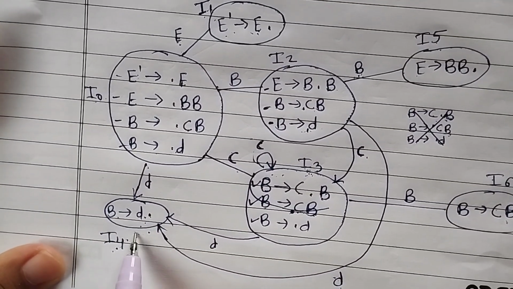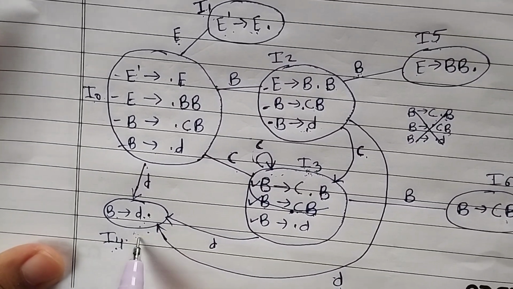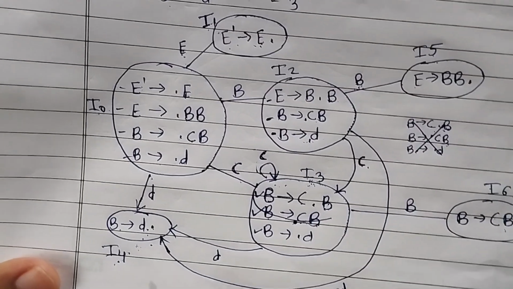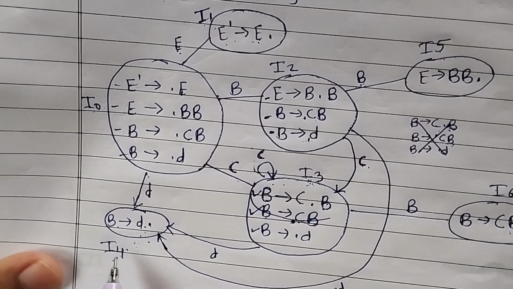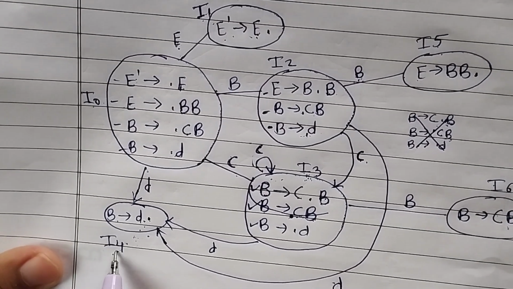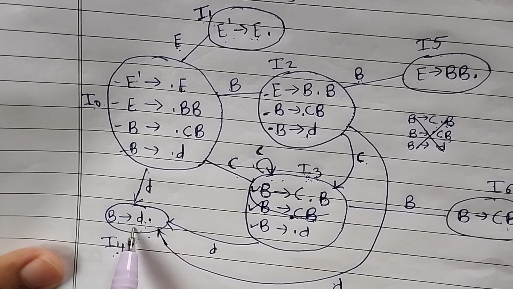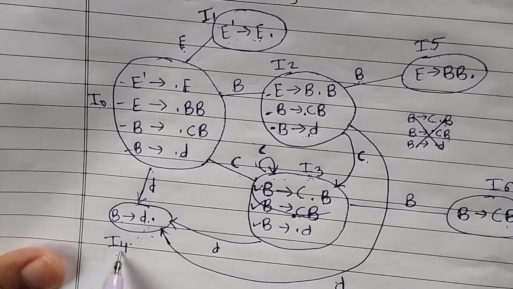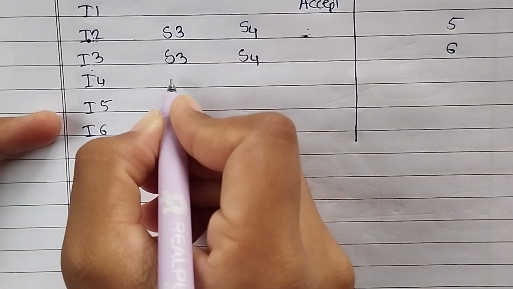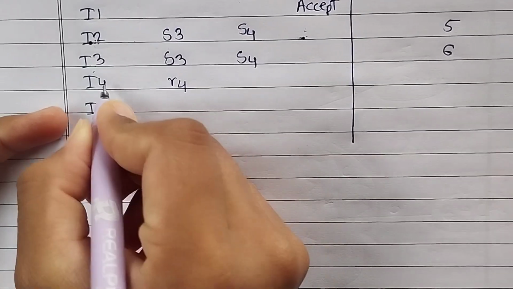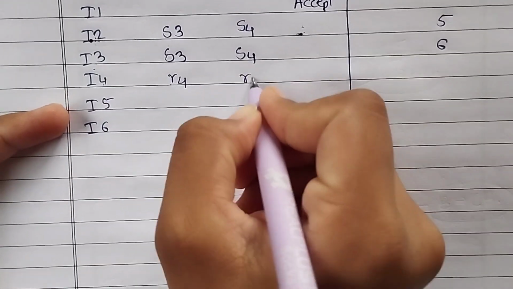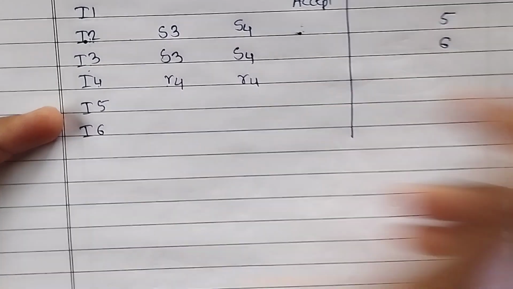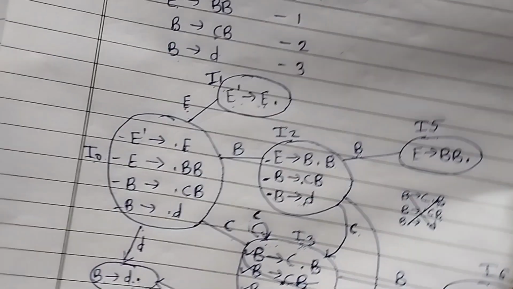So for this acceptance state we write reduce, so reduce means R. Now this is I4, so we write R4 because this is the acceptance state. So we write R4 in all the terminals, so here also R4 because this is the I4 state. R4. Sorry, not like this.